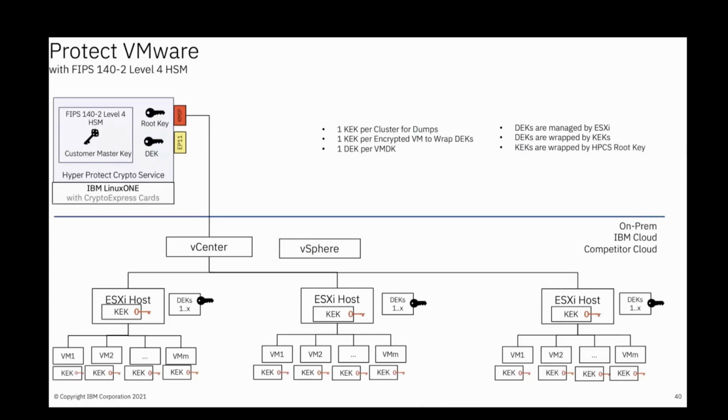Most of our financial services customers use this capability today, and I guess the KMIP protocol is used for vCenter to HPCS communication for obtaining the root key that is used as a KEK for protecting the data encryption keys used by the ESXi host here. Again, you can try this out, and if there are any questions, feel free to reach out.